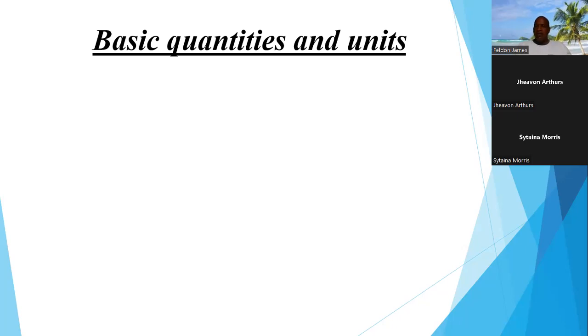Length, we can measure mass, and so on. So these quantities of measurement, some we classified as basic quantities, and some we classify as derived quantities. So we're going to be looking at basic quantities and their units, all right?